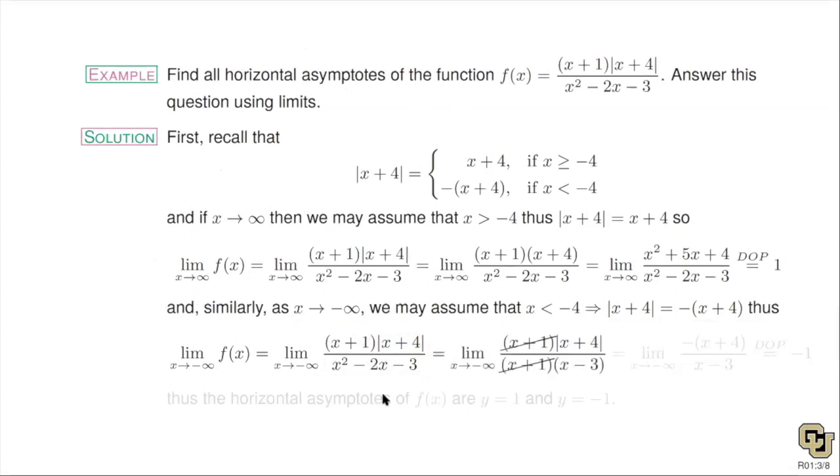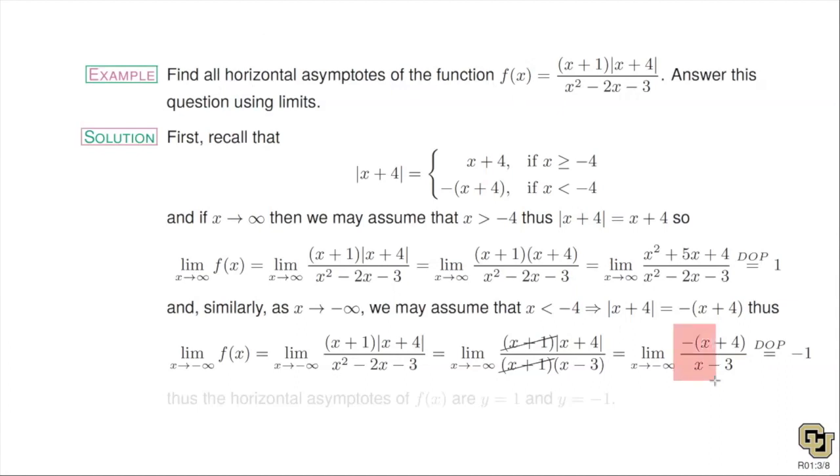So here, I factor and cancel, and then now I'm going to replace the absolute value with its definition because x is going to negative infinity. So x is less than -4. So absolute value of x plus 4 equals negative quantity x plus 4. And now if you try to apply the limit, you get basically minus infinity over infinity. So now I do dominance of powers, make sure the highest order terms are in the front.